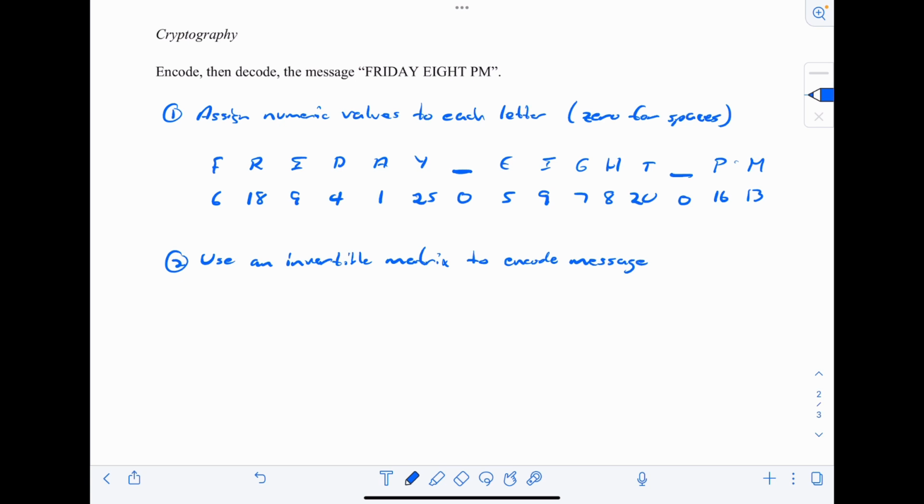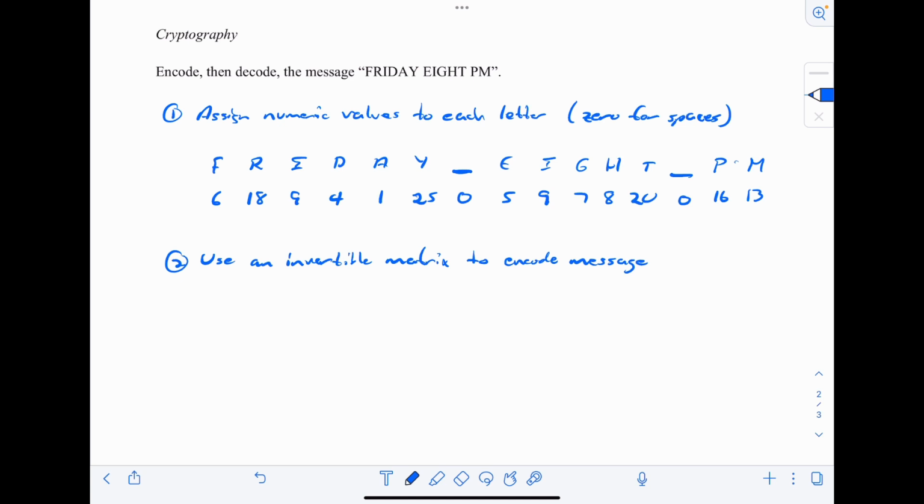I'm going to use blocks of 3, because the size of your block determines the size of your matrix. I could chunk this into groups of 5 numbers, but then I would need a 5 by 5 matrix to encode and decode it, which is fine, but for our purposes, we're going to make this a little easier for ourselves and block this into groups of 3.